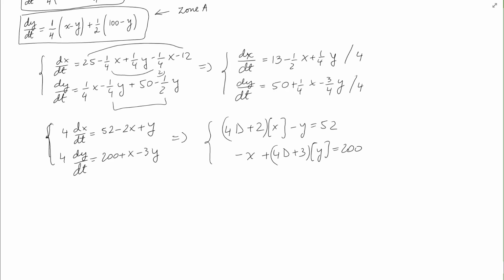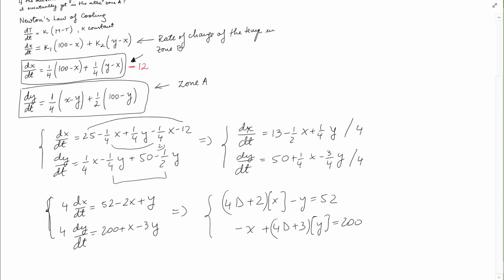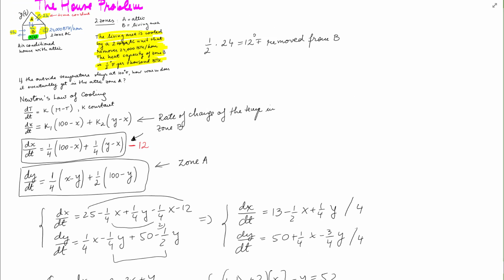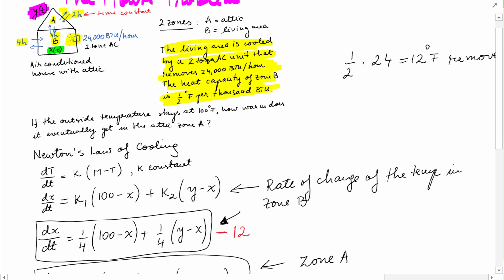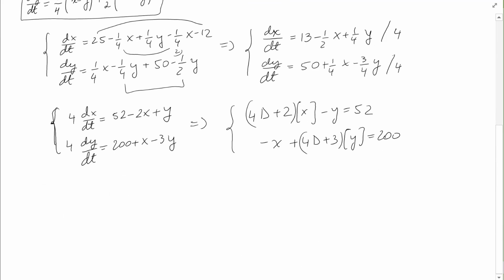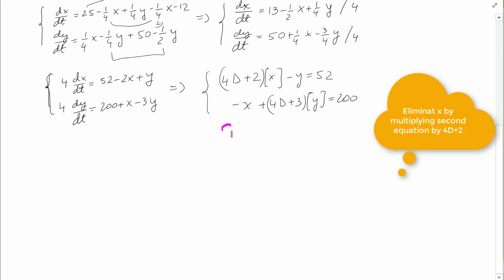So this is a system of equations, and because it says how warm does it eventually get in attic zone A, it means we need to solve for y. So you don't have to solve this system for both, you have to solve for y.